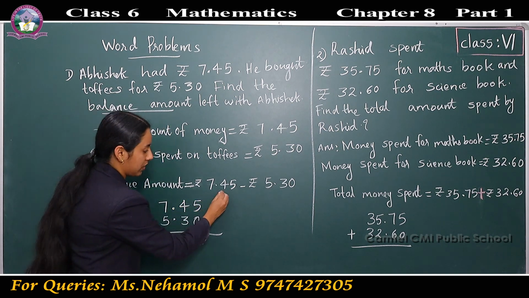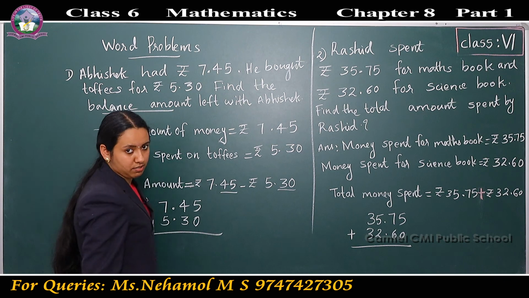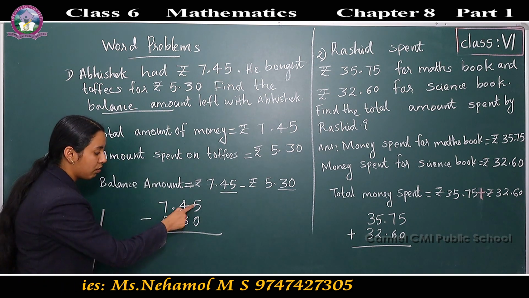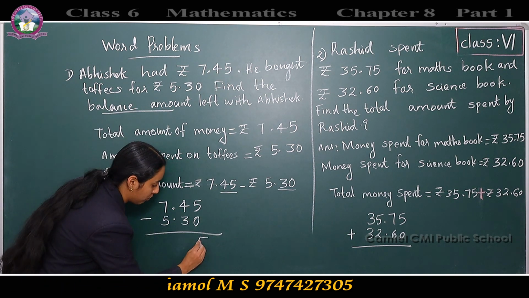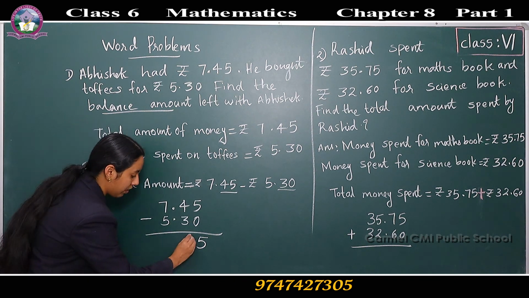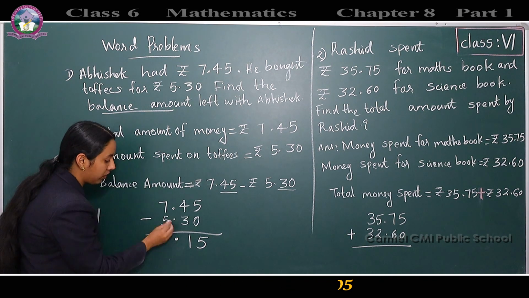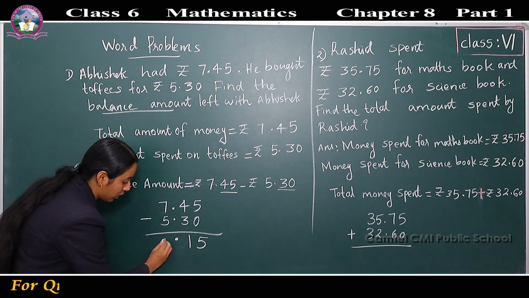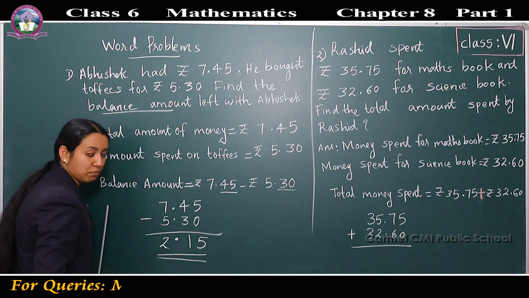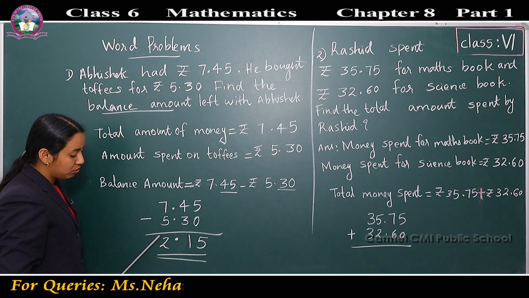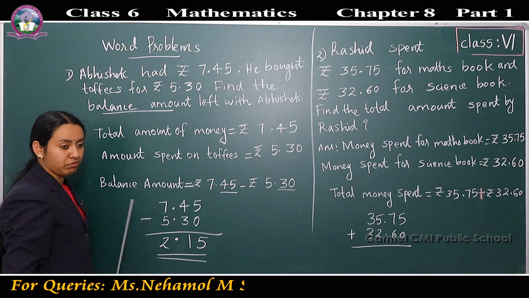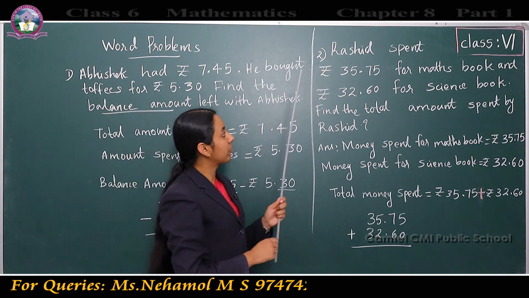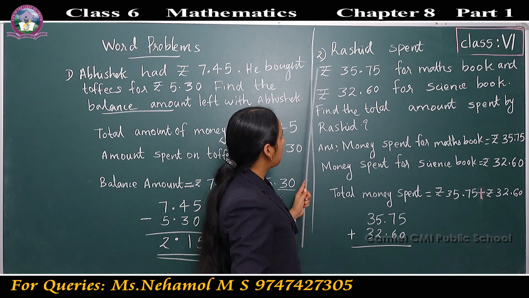Then 2 decimal places, so we can directly subtract. 5 minus 0, 5. 4 minus 3, 1. Put the decimal point. 7 minus 5 is 2. So the balance amount left with Abhishek is 2.15.